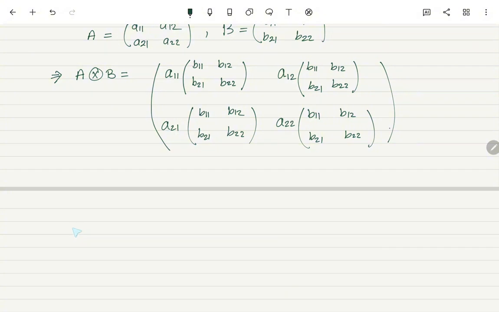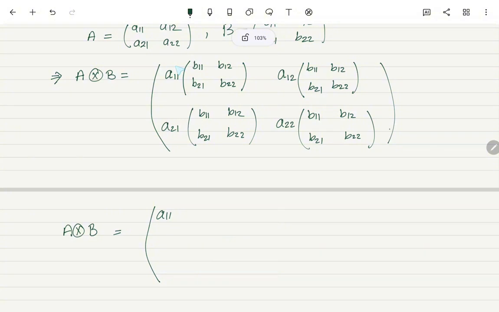Or A direct product with B equals: A11 should enter each element of matrix B, so A11 B11, A11 B12, A11 B21, and A11 B22.